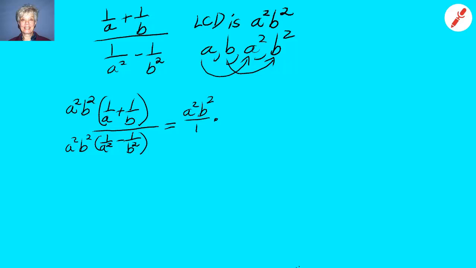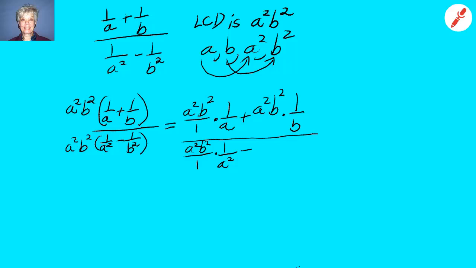A squared b squared over 1 times 1 over a plus a squared b squared over 1 times 1 over b. Really should have put that over 1, but it's okay. A squared b squared over 1 times 1 over a squared minus a squared b squared over 1 times 1 over b squared.